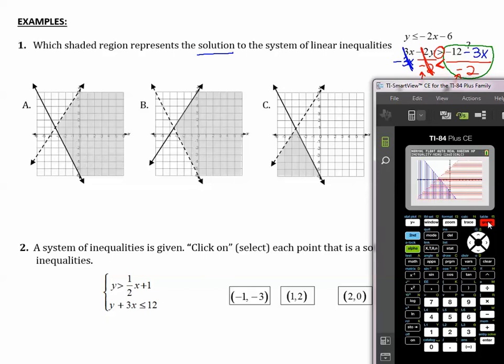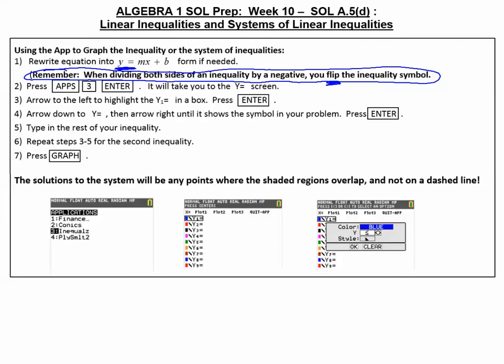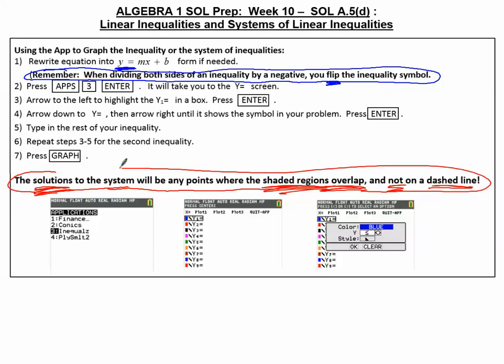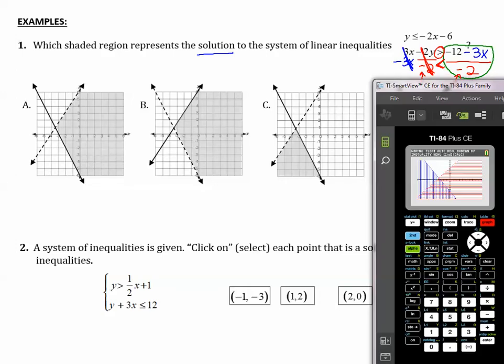Now remember from the instructions that the solution to the system will be any points where the shaded regions overlap and not on a dashed line. Let's highlight this portion as well. Looking back at our problem and trying to match the graph, where the blue and the red overlap is what I'm looking for.